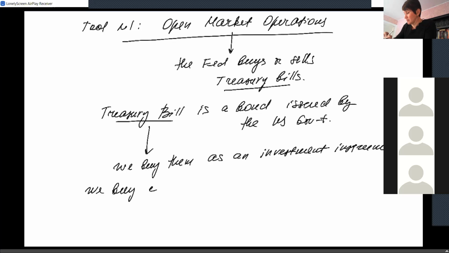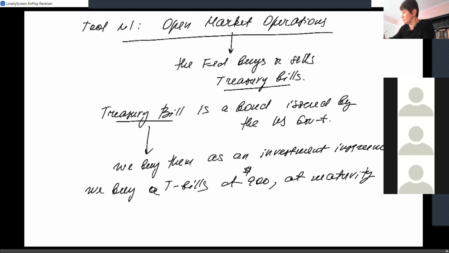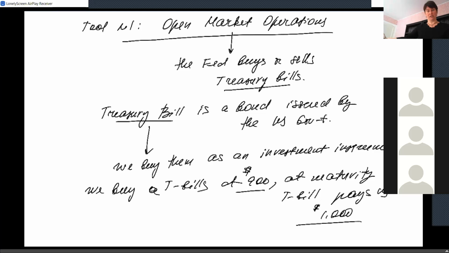We buy T-bills, say at $900, and at maturity, the expiration time, the T-bill pays us $1,000, right? We invest 900, we get back 1,000, $100 of clean profit and investment profit. That's why people buy treasury bills.